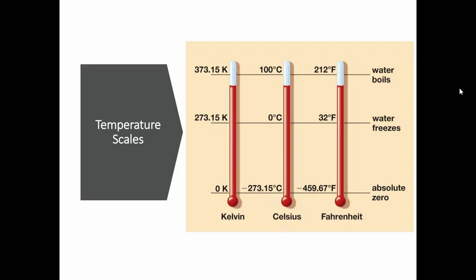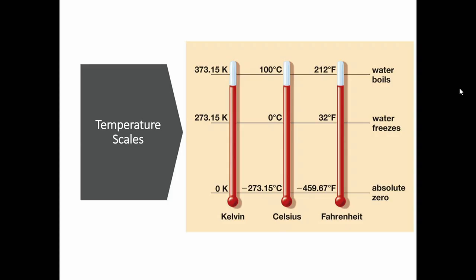So that means that if there's no motion of particles, then I would have 0 kinetic energy. So what if I set that to be my 0 point on my temperature scale? So 0 Kelvin is the temperature where any motion of particles will stop. So that's absolute zero, and you're not going to get temperatures below absolute zero.